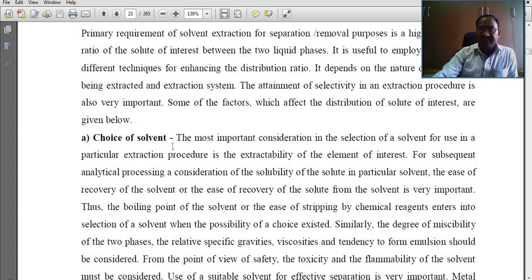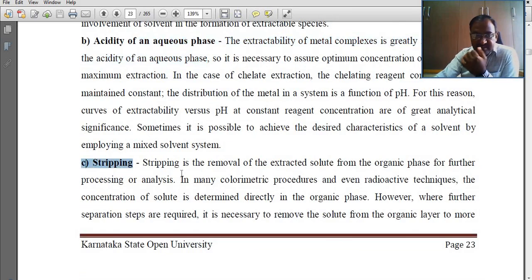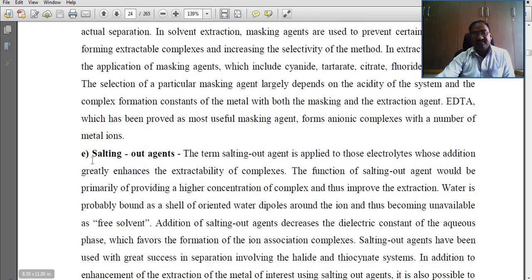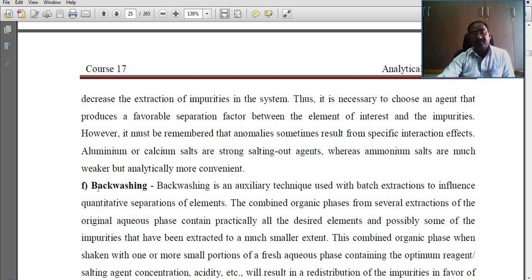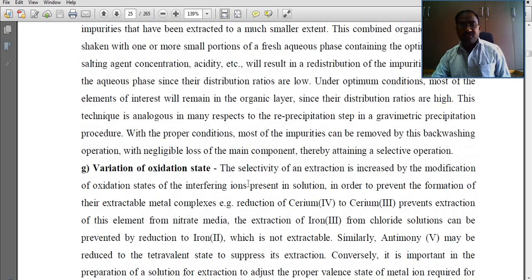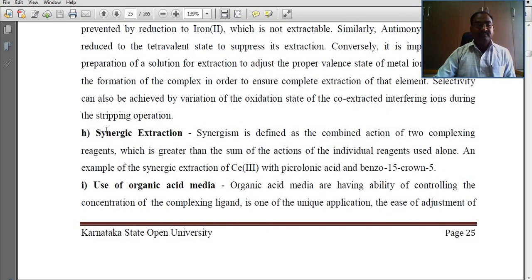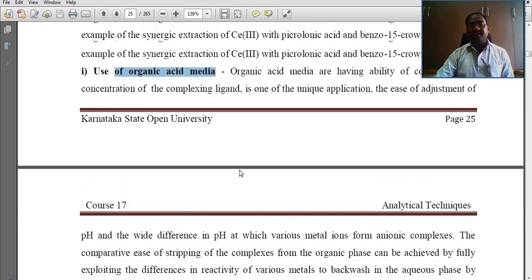The factors are the choice of solvent, acidity of the aqueous phase, stripping, use of masking agent, salting out agent, backwashing, variation of oxidation state, synergistic extraction, and use of organic acid media.